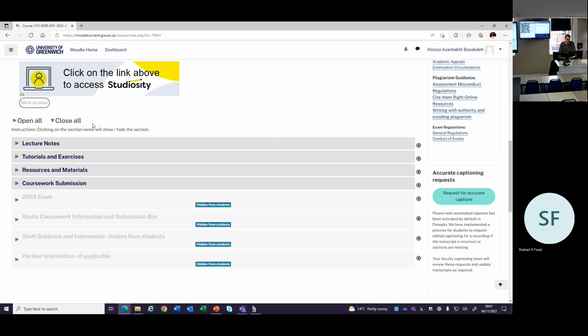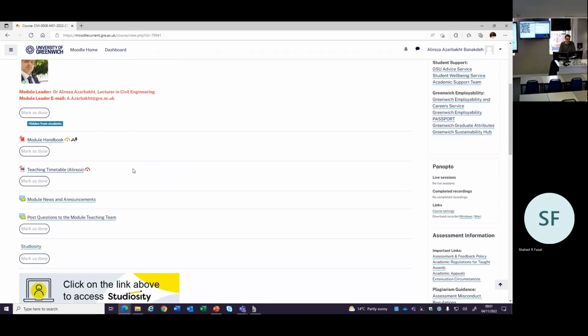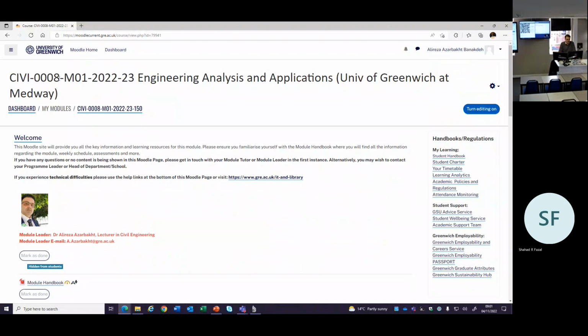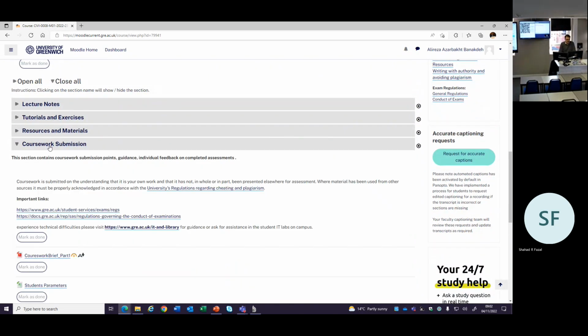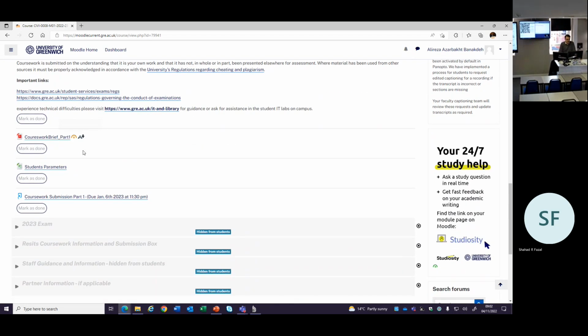If you go to the Moodle page, we have all the important things here. Go to the coursework submission tab. I have put 3 tabs here.